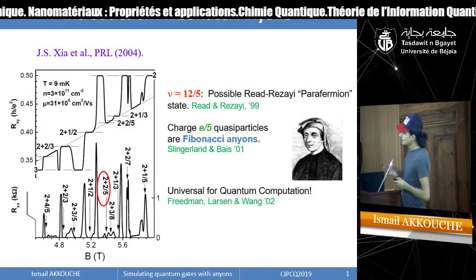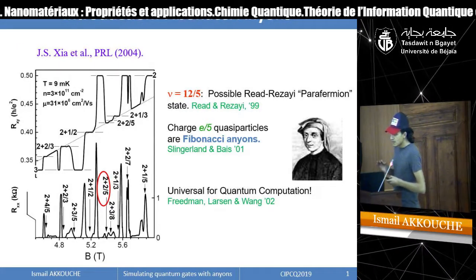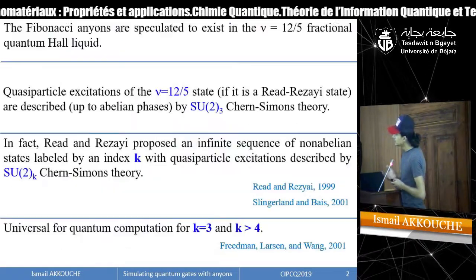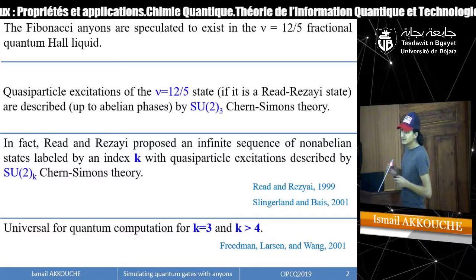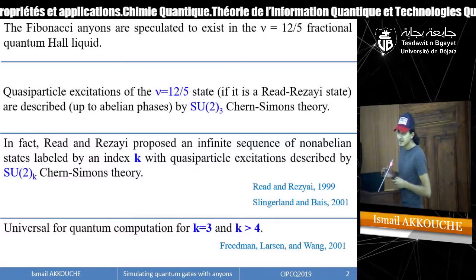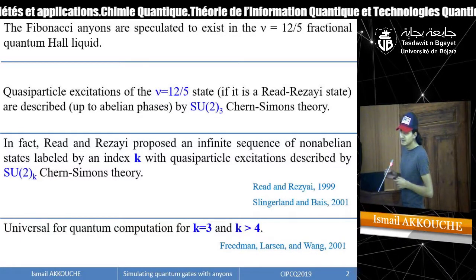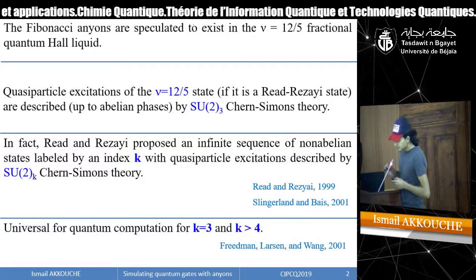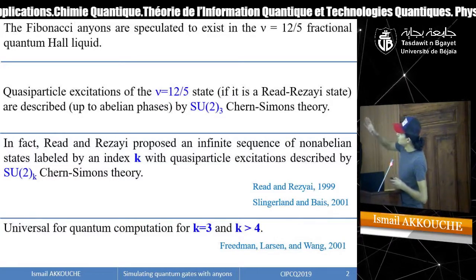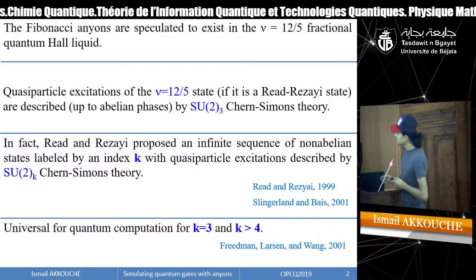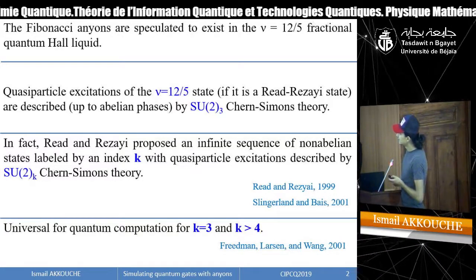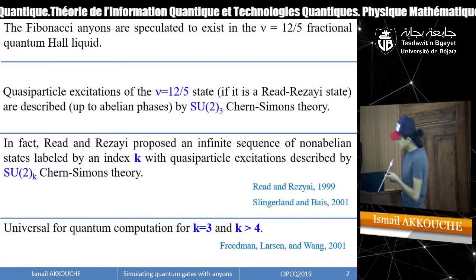The Fibonacci anyons are expected to exist in some fractional quantum Hall liquid at a specific filling factor, nu equal to 12/5. This was stated for the first time by Mead and Rizai.